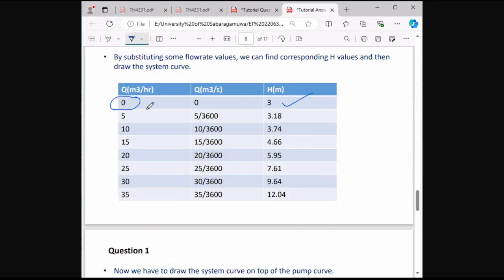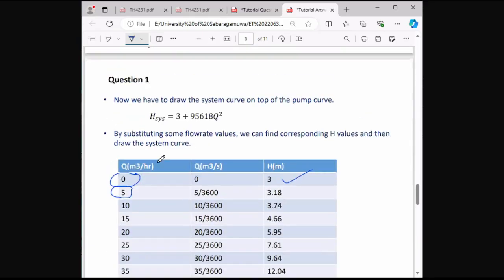Then you can get the value 5. You need to convert into cubic meter per second, because we consider this Q value as cubic meter per second.